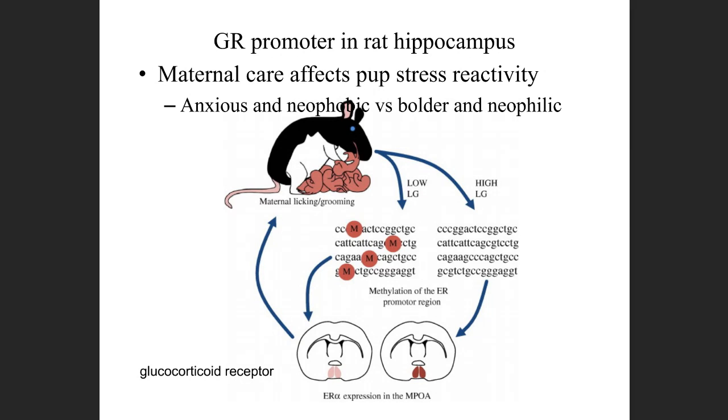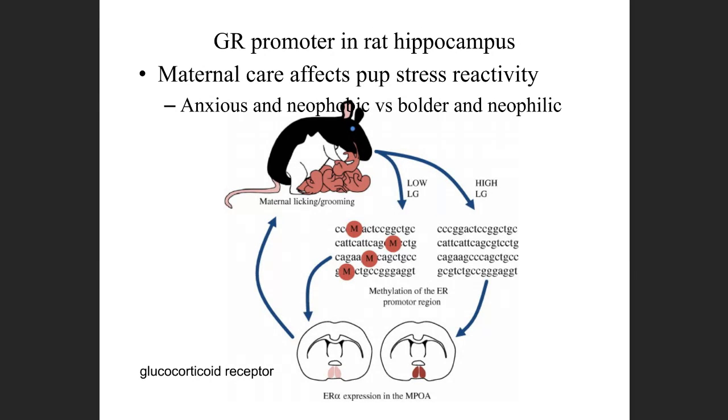So greater licking and grooming behavior of the mom towards the pups reduces stress and fear of new environments, versus low licking and grooming, which leads to anxiety and neophobia. High licking and grooming leads to bolder, neophilic, willingness to explore new environments behaviors.